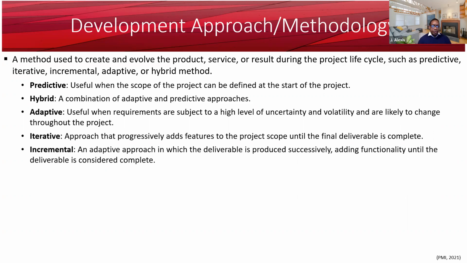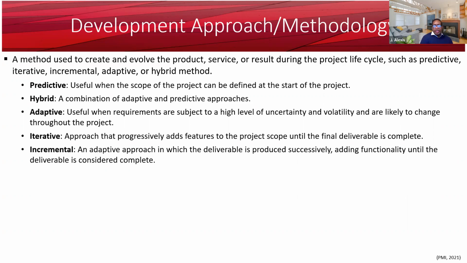So you're going to see the relationship between adaptive, iterative, and incremental. And an iterative approach progressively adds features to the project scope until the final deliverable is complete. So you have iterations to create features, for example, to a software that you're developing.